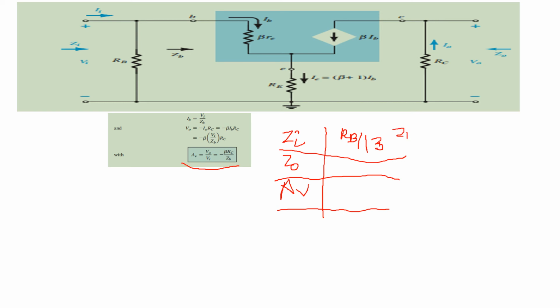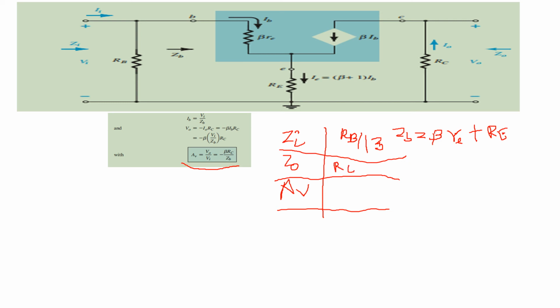ZB is equal to beta times re plus Re. Then output impedance is nothing but equal to RC.